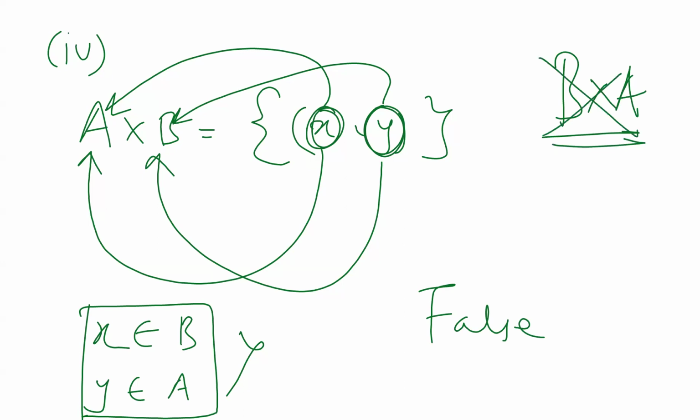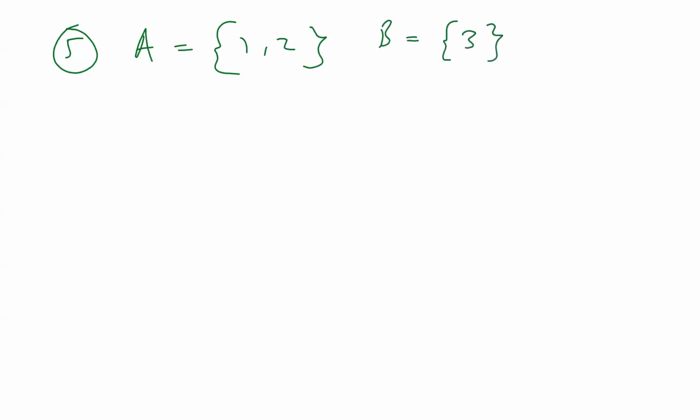Yeah. So let's go to the next problem. That is question number 5, sub question 1. Prior to that, they have given A as 1 comma 2, B as 3, C as 4 comma 5. So the first part, LHS.